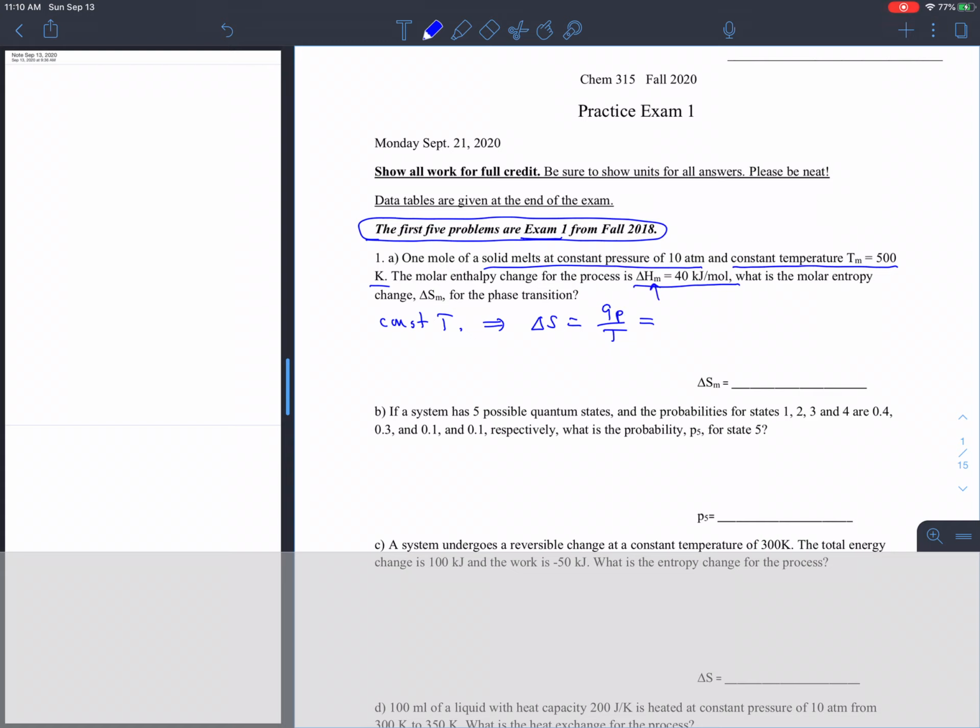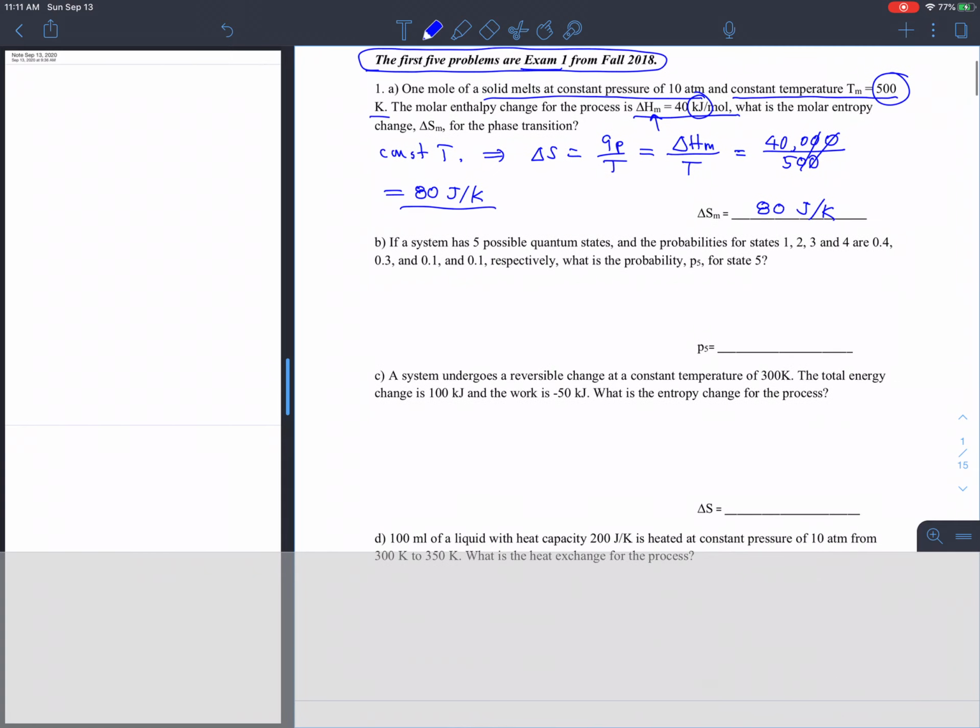And the heat change is the enthalpy of melting, so delta H per mole for melting divided by T. That's 40,000. Always remember to change kilojoules to joules. I occasionally forget to do that myself. Divided by the temperature, which is 500 K. And that is equal to, let's see, 400 divided by 5, that's 80 joules per K. That one was easy enough.